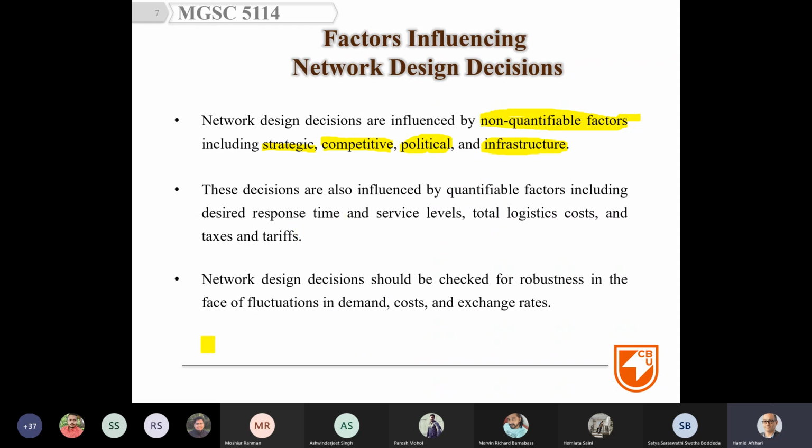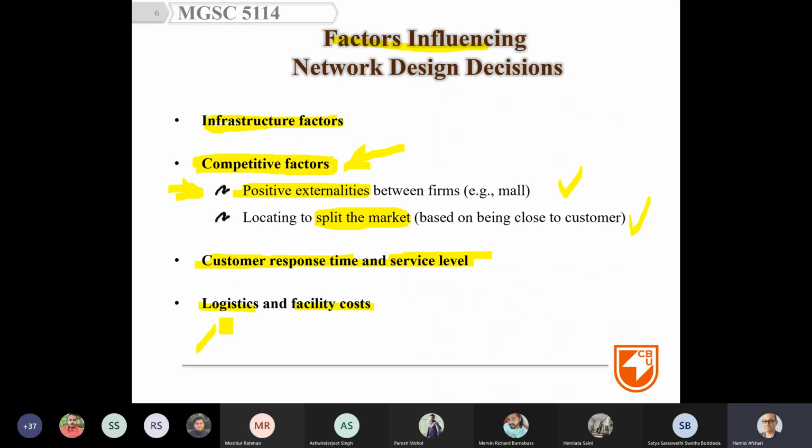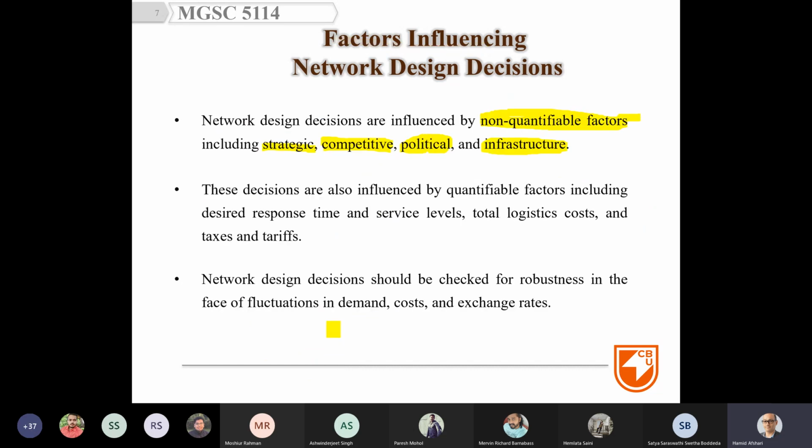Definitely the rest of them are mostly quantifiable. It means that you can measure them in terms of numbers. Like what? Like logistics and facility cost. You can measure in terms of cost: how much is the cost of making a warehouse? How much is the cost of transporting a trailer for 100 kilometers? So these are something that you can evaluate in terms of money, for example.